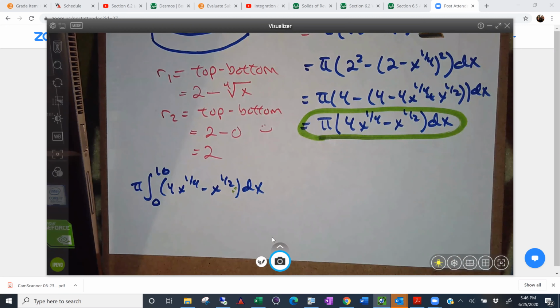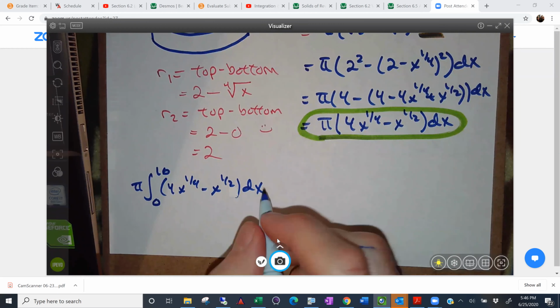Now, a lot of times, depending on the test or the problem, I might just ask you to set it up. Or another possibility is set it up and then finish it with numerical integration, and if that's the case, you can just plug it in your calculator. But if I ask you to do it all the way out, then I want to see some more stuff.